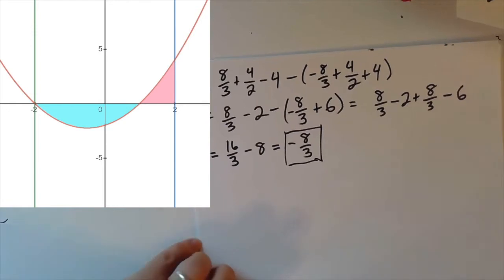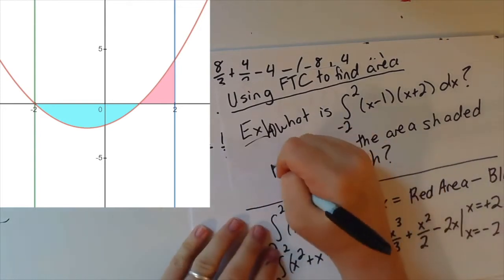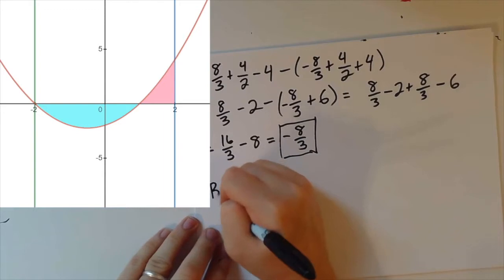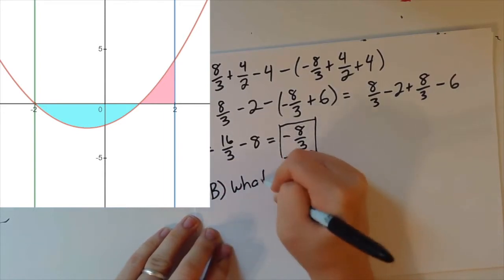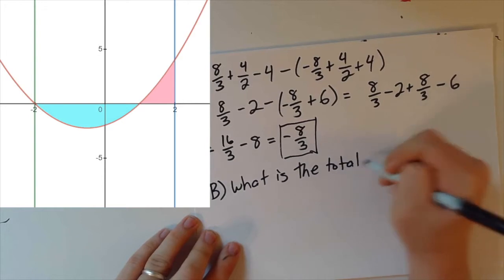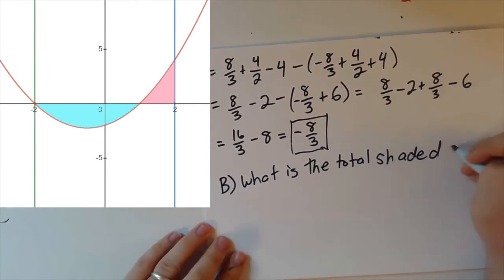Okay. But that's not how we'd answer the second question. So the second question here, I'll reframe it down here. What is the total area, the total shaded area, in the graph?